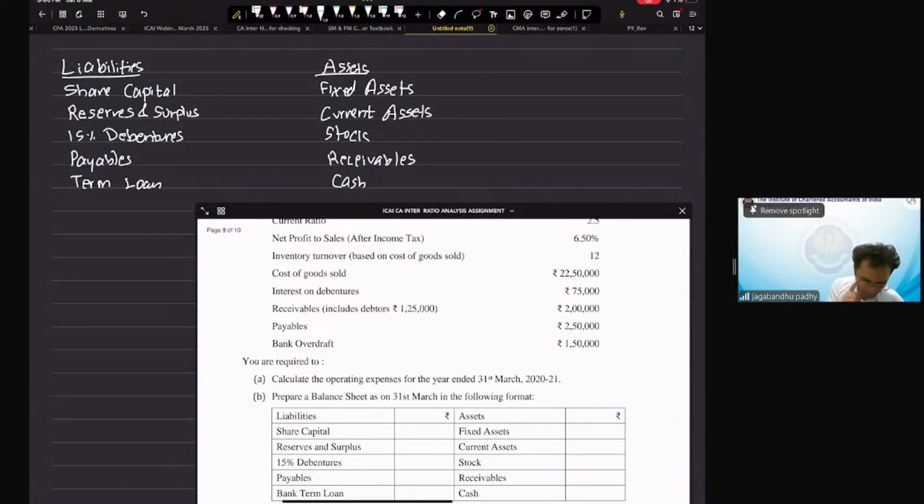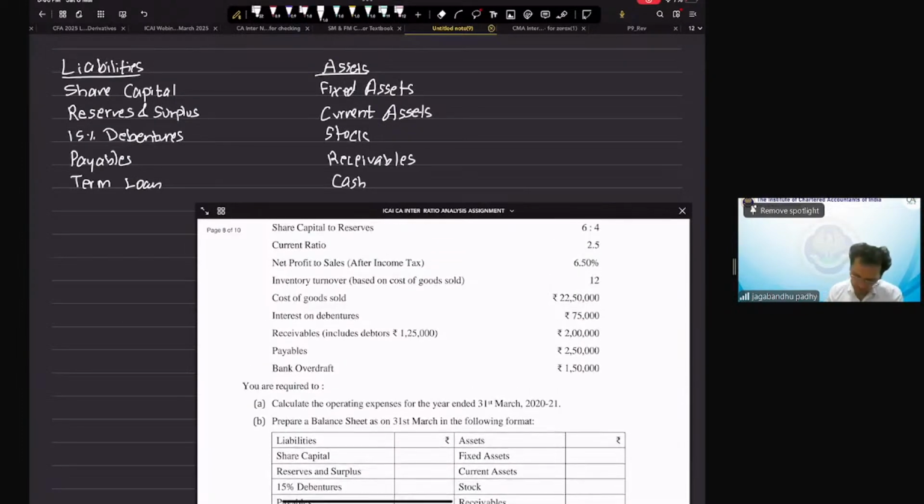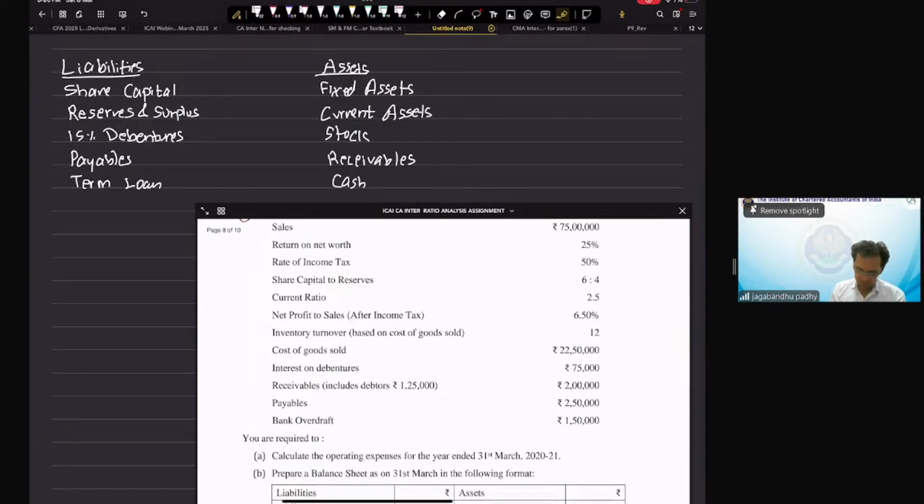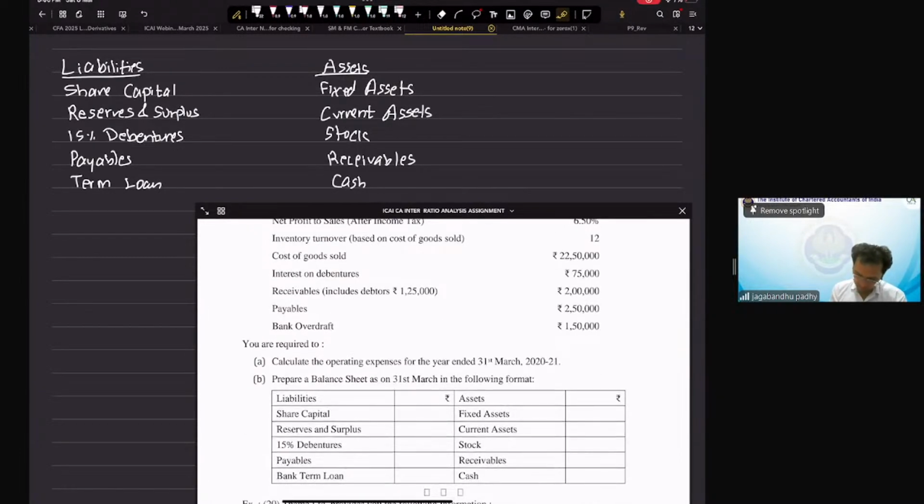Now, out of these, we have got a lot of numbers already. This question has information about year end 31st March 2021, and we have to prepare this. This is not term loan, it's actually bank OD.